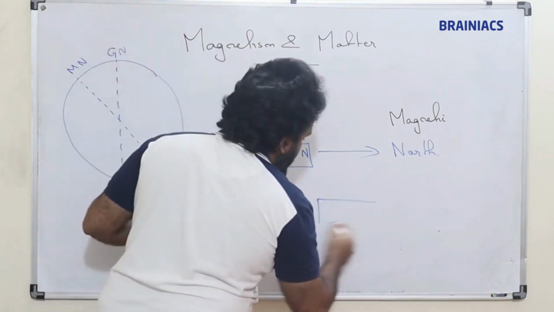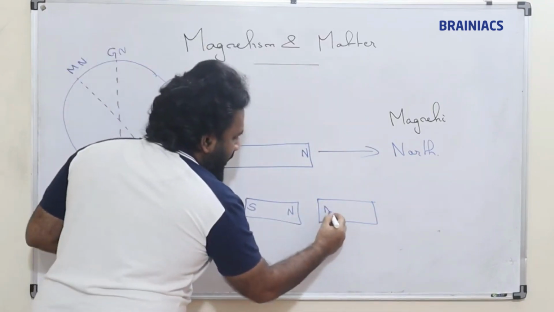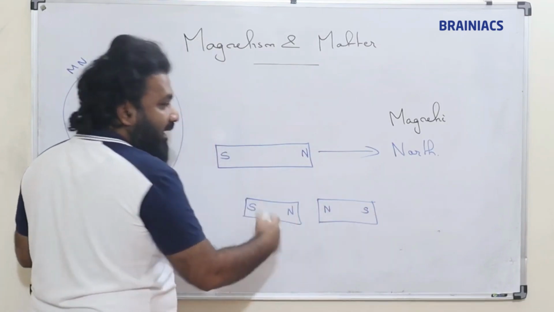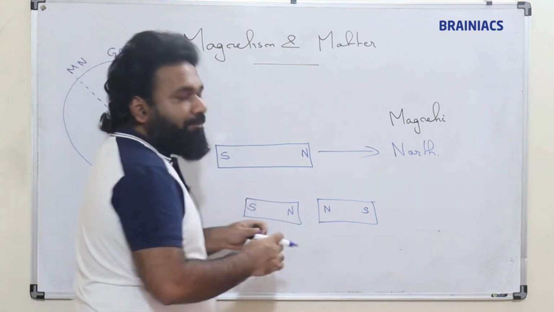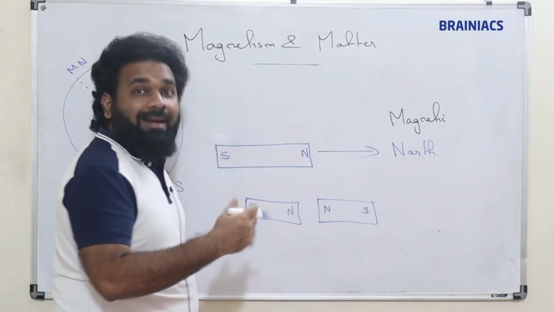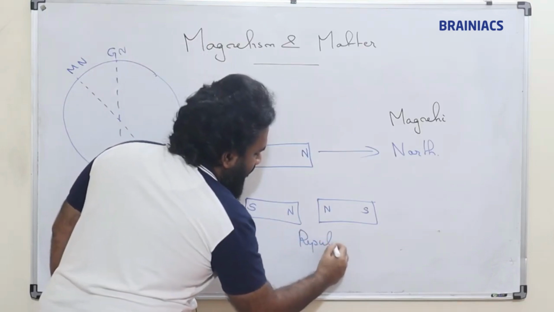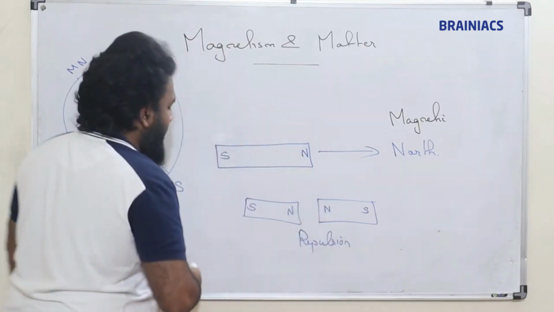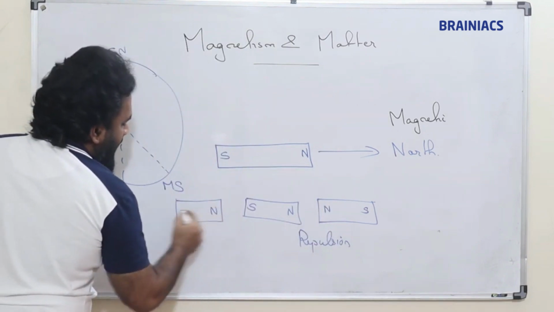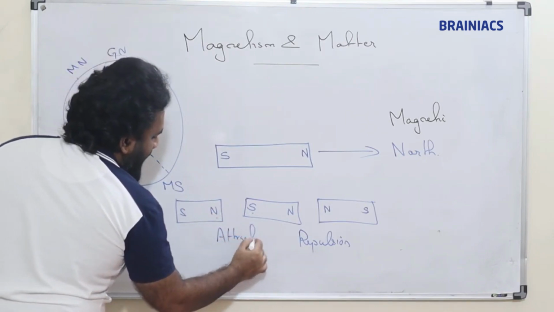If I keep another magnet here, with the north pole facing this north pole, will they attract or repel? Like poles will repel, just like like charges. So there will be repulsion here. Suppose I keep another magnet here, with south facing this north, then there will be attraction.